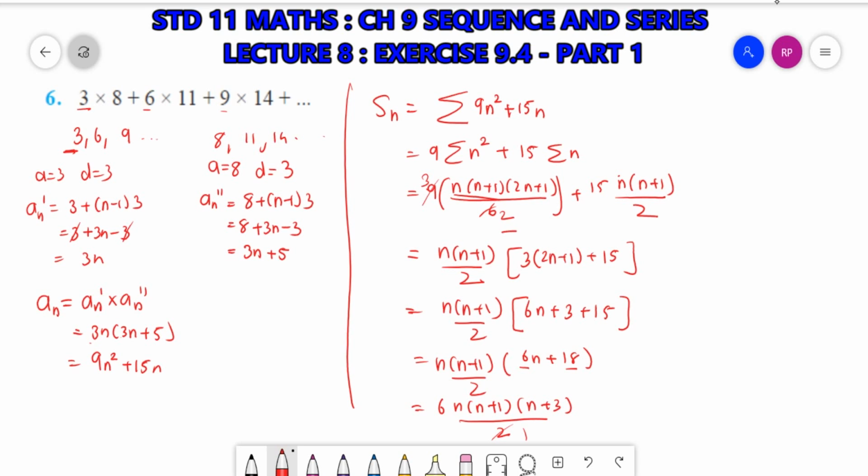So 2 ones are 2, threes are 3. So the sum of the required series is n into n plus 1 into n plus 3 into 3. Okay, so this is the sum of the required series. So this was about question number 6. So note it down.